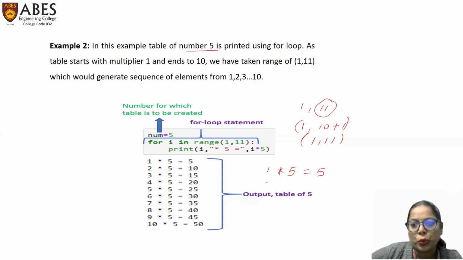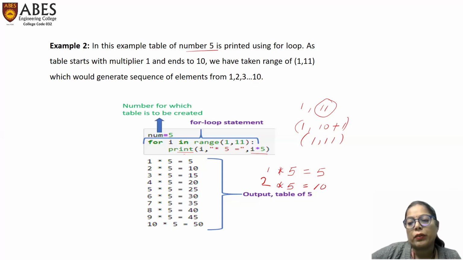So it will again go to the statement part, and it will print 2, the multiplication sign, 5 equals, and now this operation 2 into 5 will be performed. 2 into 5 is 10, so 10 will be written.